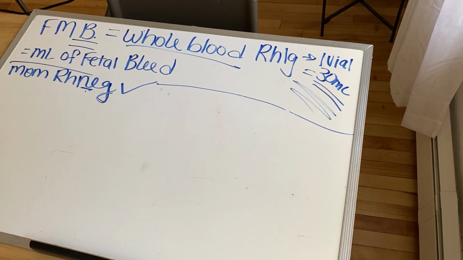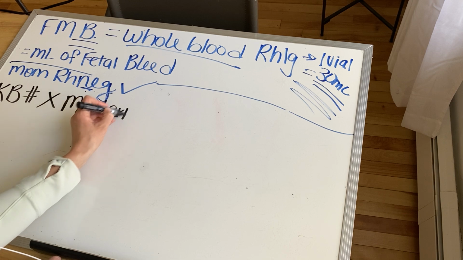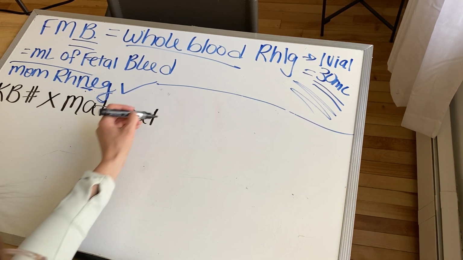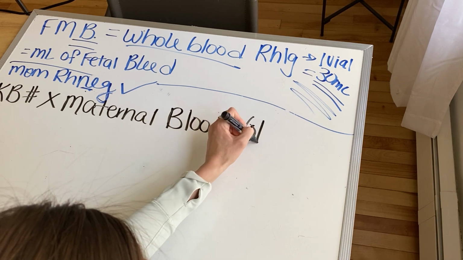Okay, so the calculation is the Kleihauer-Betke number multiplied by the maternal blood volume.